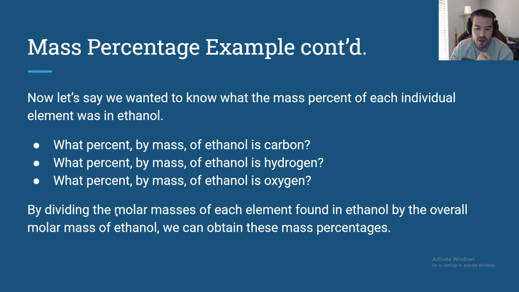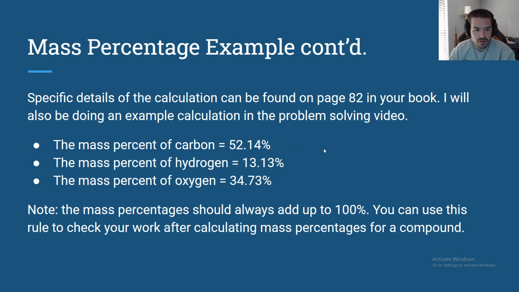By dividing the molar mass of each individual element found in ethanol by the overall molar mass of ethanol, we can obtain these mass percentages. Obviously you're going to have to multiply by 100% as part of the calculation, but we'll get to that in just a moment.